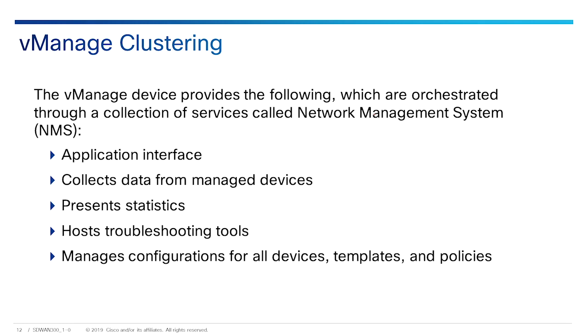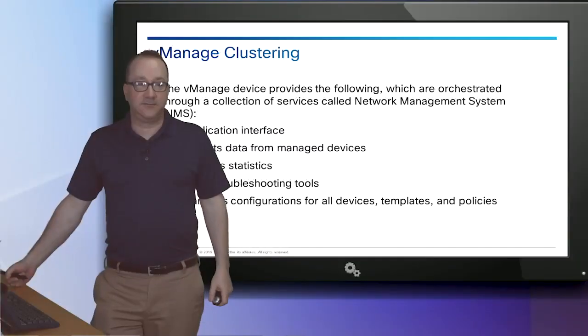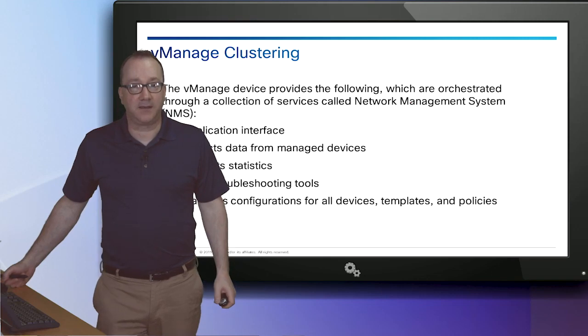This inundation of collected statistics, alerts, events, configuration, and maintenance is taxing on the disk, memory, CPU, and the interfaces. And the vManage devices in the cluster share all the statistical and configuration database information between them. So not only are they collecting all this data from all those vEdge devices, they're also sharing it dynamically. This can cause it to, well, bog down.